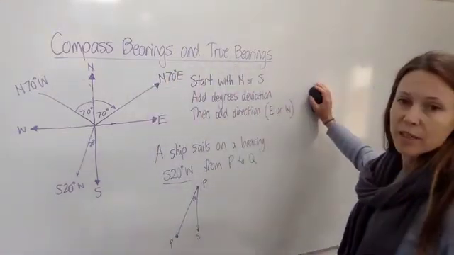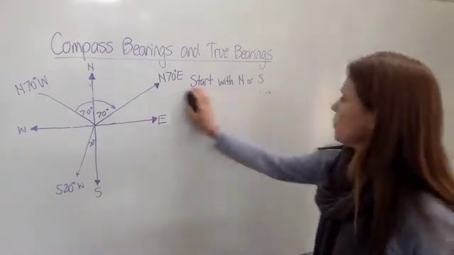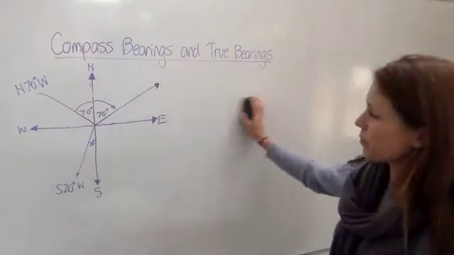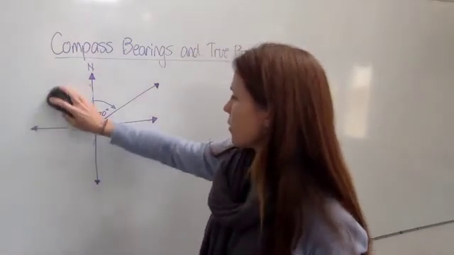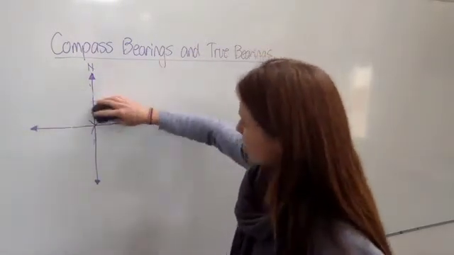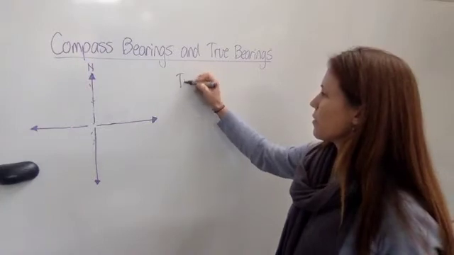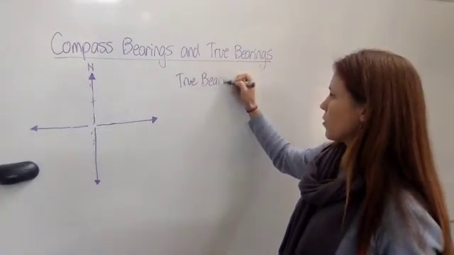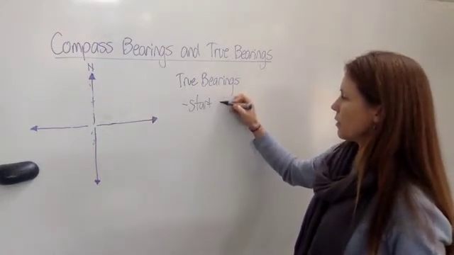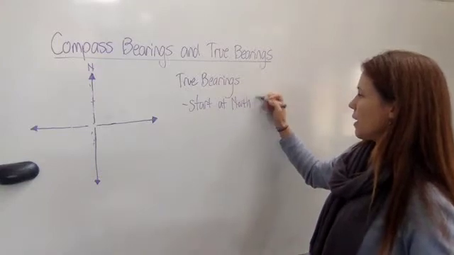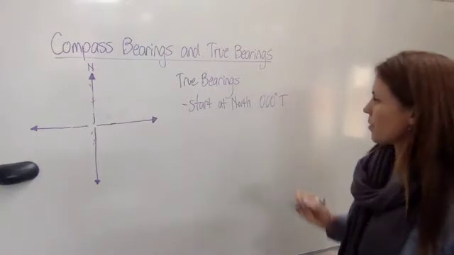Now, true bearings are a little bit different. You'll need to get this down, just pause the video if you need to. True bearings don't use south or west or any of those points as a marker. They just start completely from north. So true bearings are all based on north. So let's say they start at north, and that's called 000 degrees T. We'll explain that in a moment.